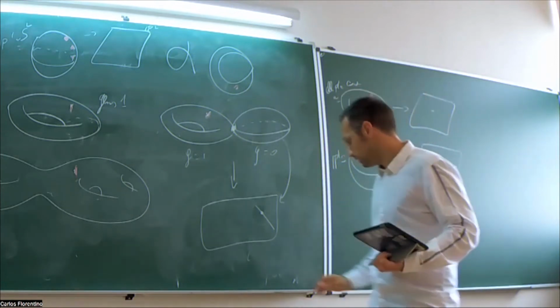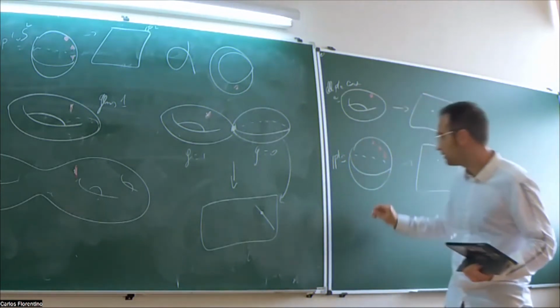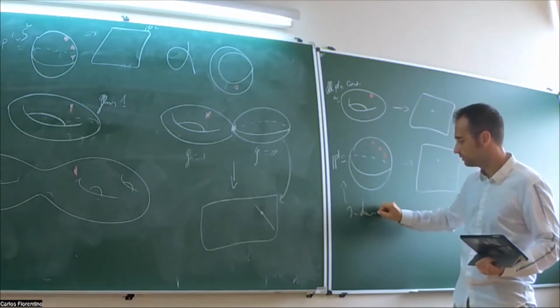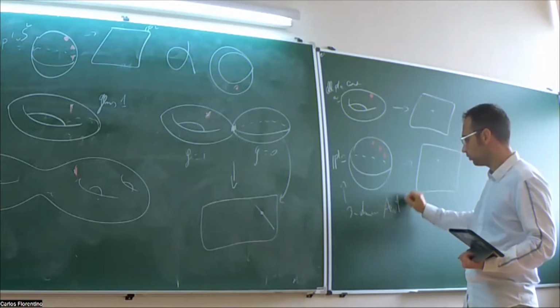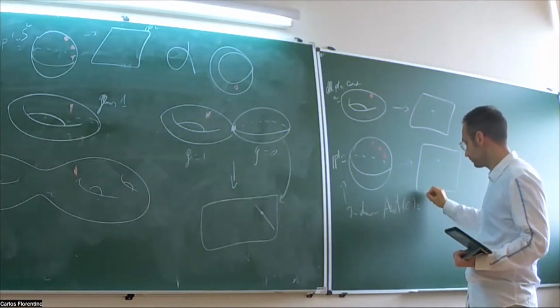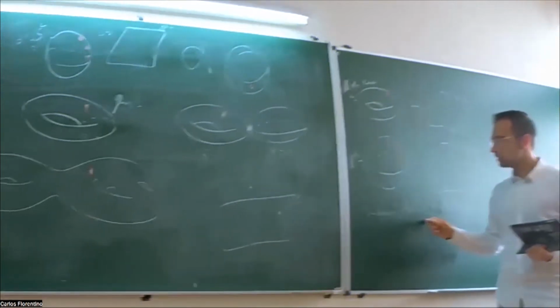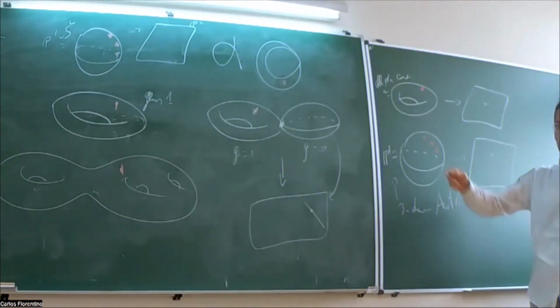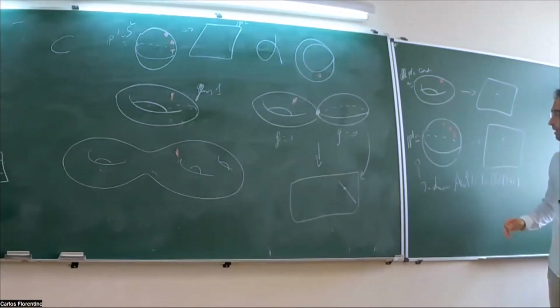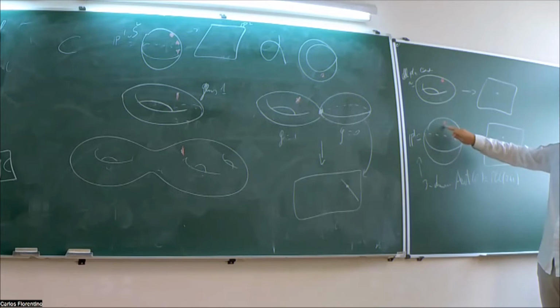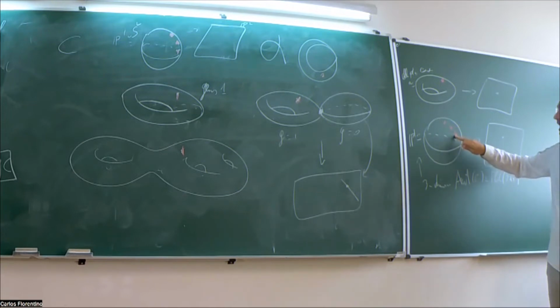Now, P1 has a three-dimensional automorphism group, PGL. An automorphism, by definition, is a map from P1 to itself that preserves the marked points.